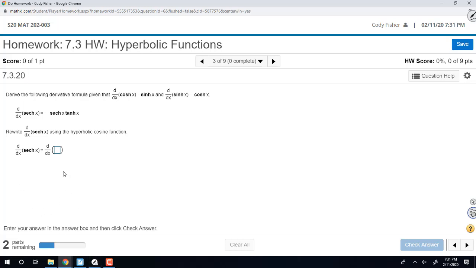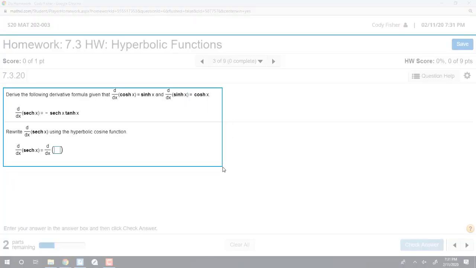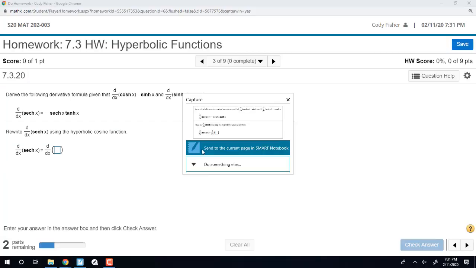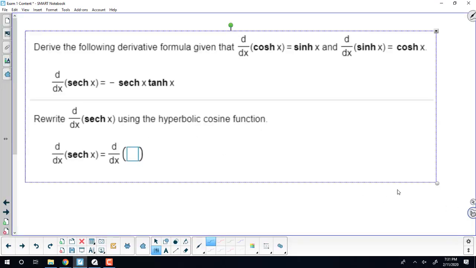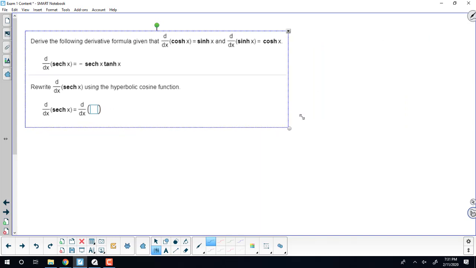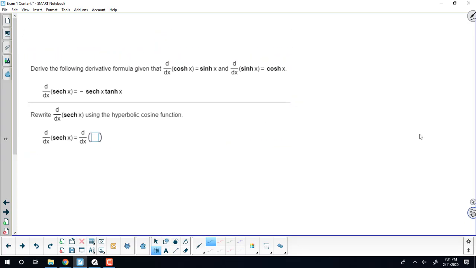So the hyperbolic secant in terms of cosine is 1 over cosh.